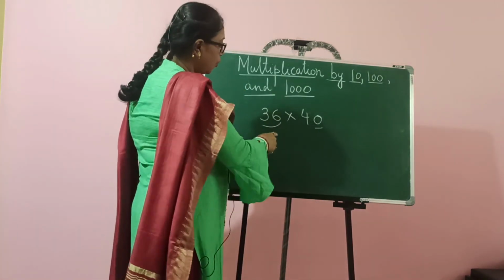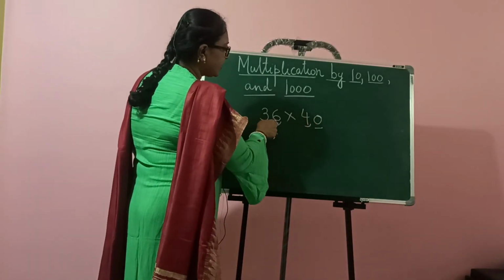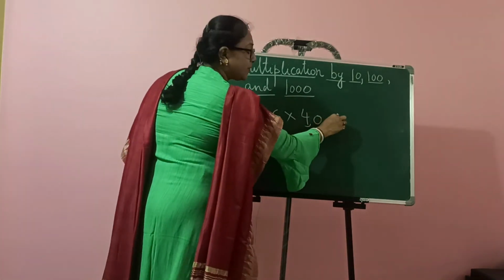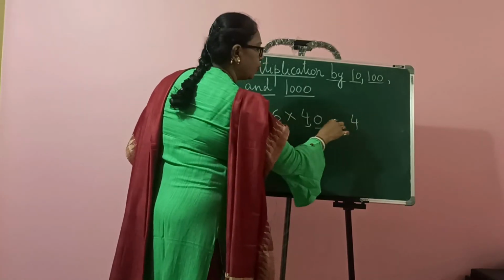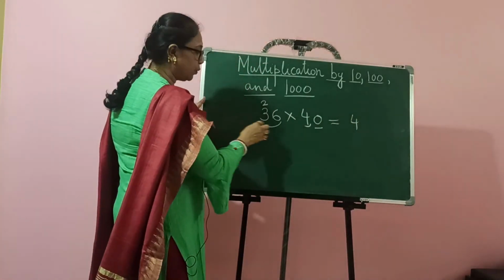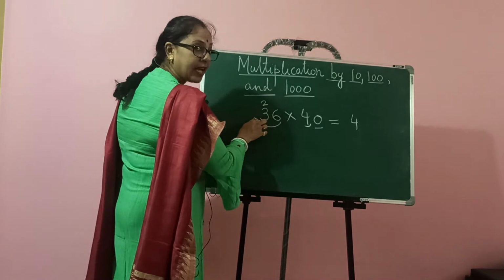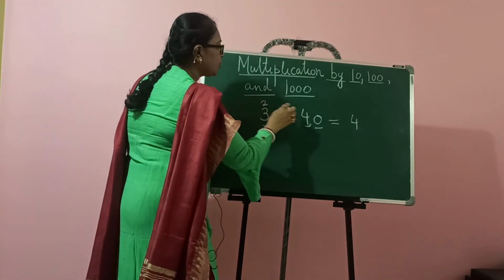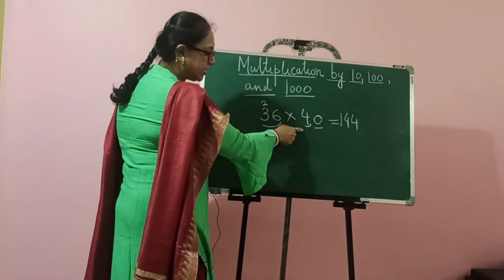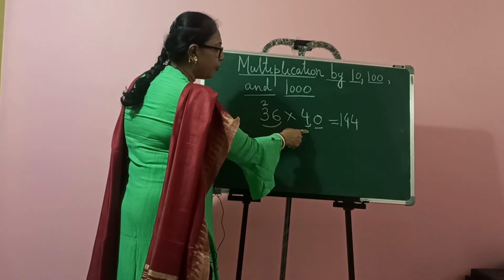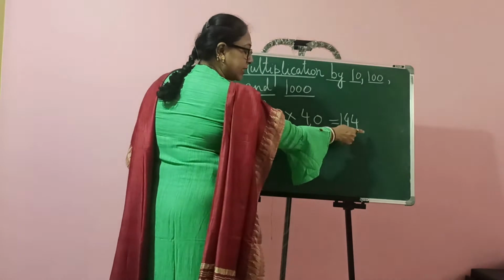What we do is, we first multiply 36 by 4. That gives us how much? 4 6s are 24, 4, carry over 2. 4 3s are 12. 12 plus 2, that gives us 14. So after we have multiplied 36 by 4, we get the product 144.